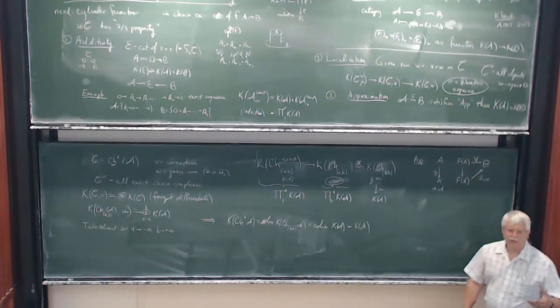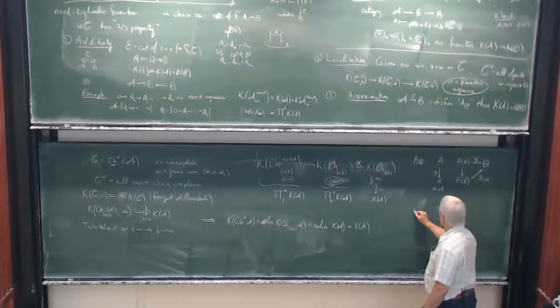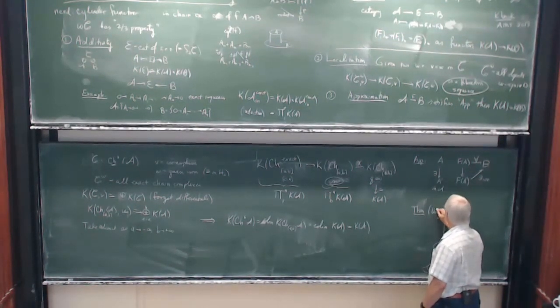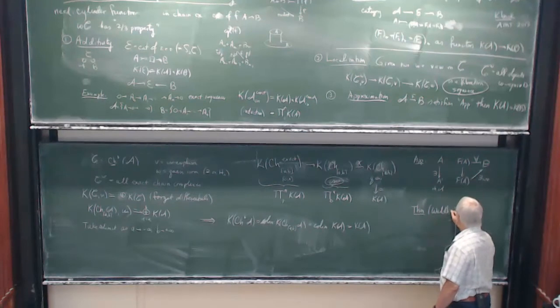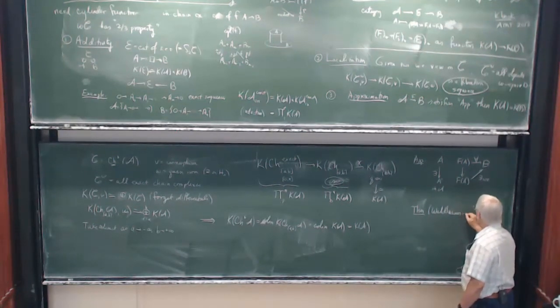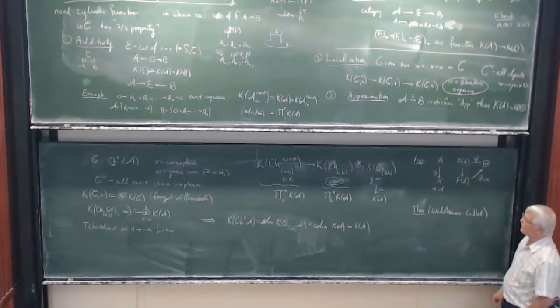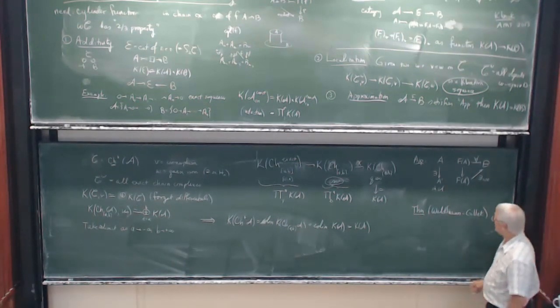So this is the theorem I stated last time. The theorem says, and it's due to Waldhausen, but he didn't actually phrase it this way. The formulation that is more or less this way is Gillet's, but the actual formulation I'm using is due to Thomason.